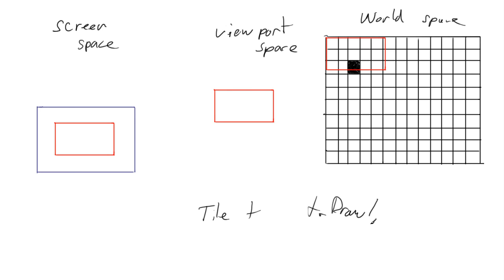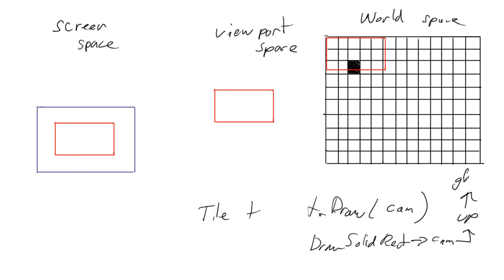Now what we're going to do is we're going to draw camera, and we're going to call draw solid rectangle on cam, which then calls that on viewport, which then calls that on graphics.